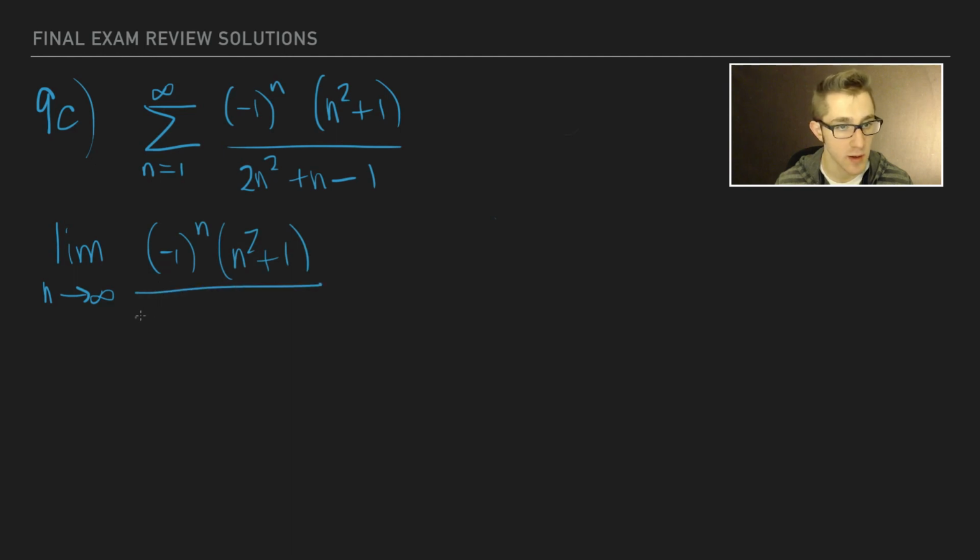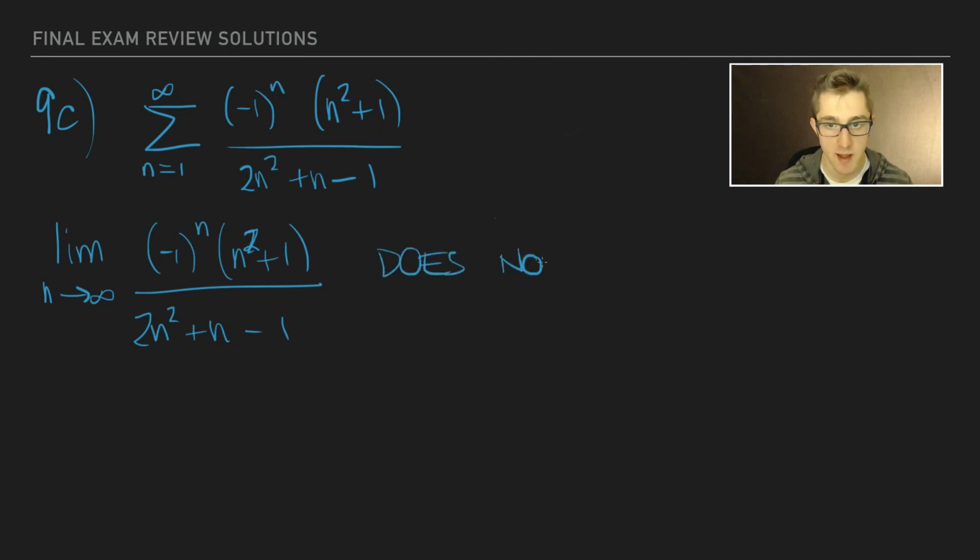And we notice that for large n, n squared plus 1 divided by 2n squared plus n minus 1, in other words, everything except for the -1 to the n, is going to be close to 1/2, because that's the limit of this term. This is a 2 and not a 7. Meaning that this sequence behaves like -1 to the n. And we know that the limit doesn't exist.